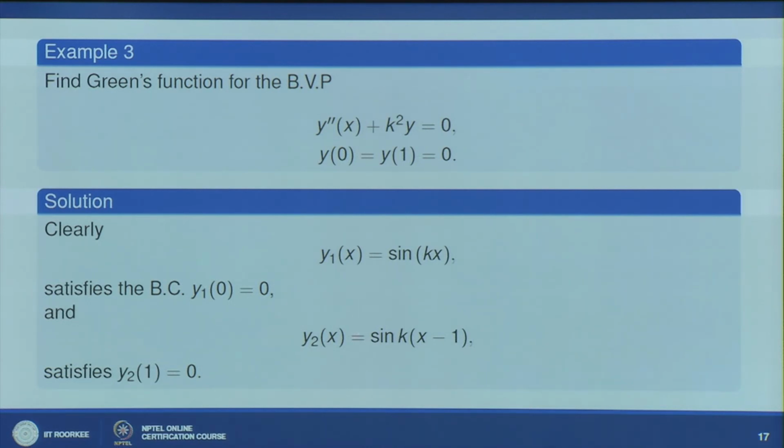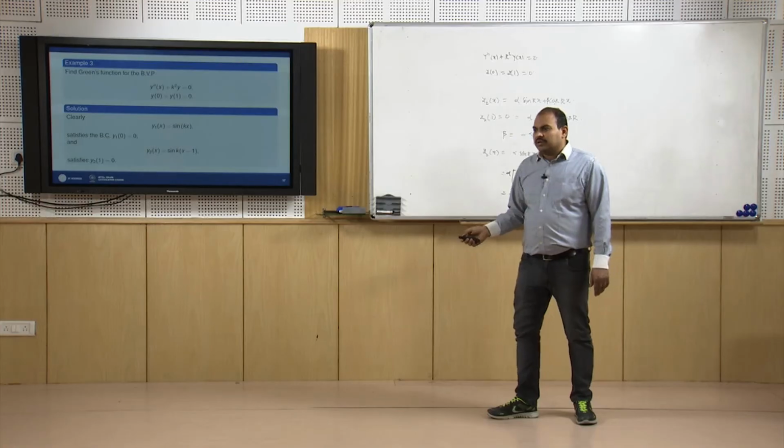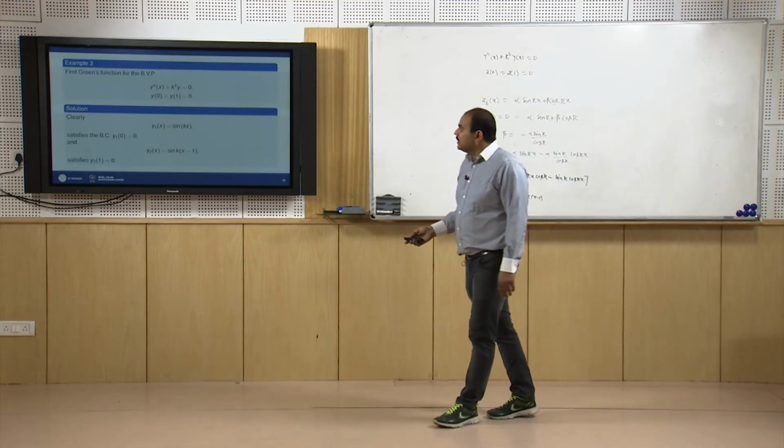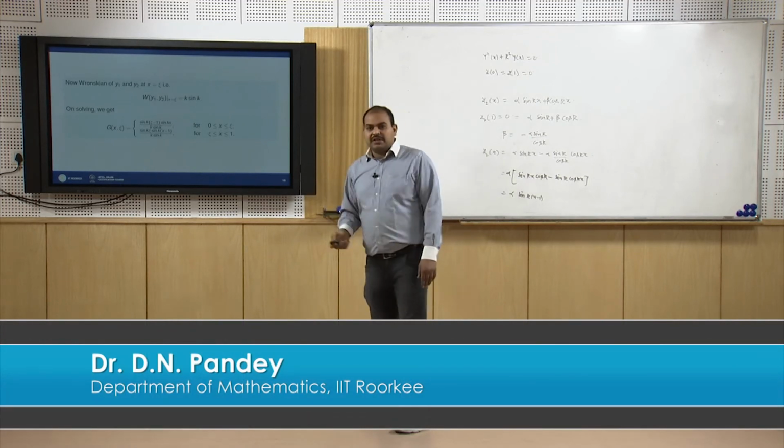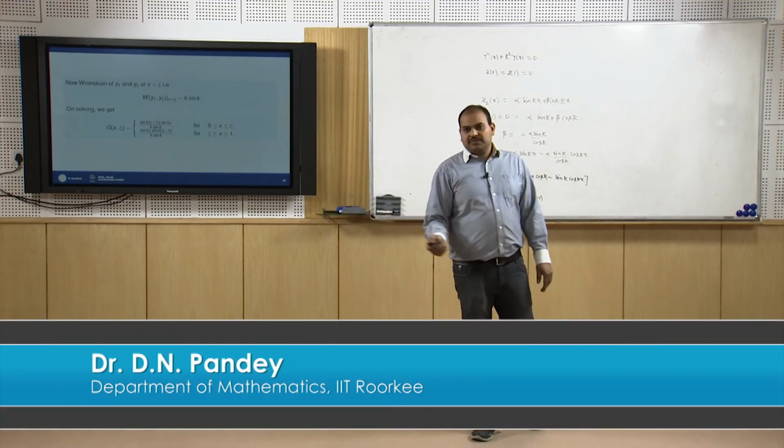So here we assume y1(x) = sin(kx), which satisfies the boundary condition at x = 0, and y2(x) = sin(k(x - 1)), which satisfies the condition y2(1) = 0. With the help of this, let us find the Wronskian of y1 and y2.